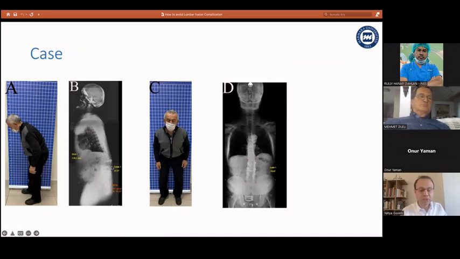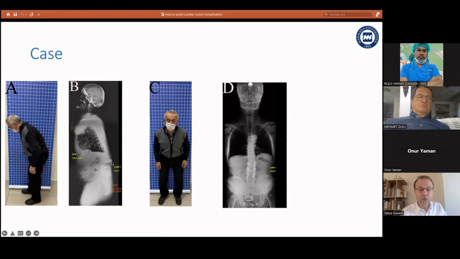This patient came to us with an unbalanced spine and walking disturbance, and we see in here a rod. These rods were put here strategically.